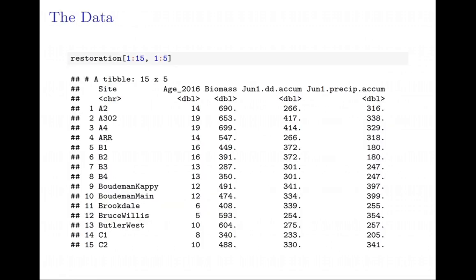So the data. Here's just a subset of the data. Each row is a restoration site that they sampled, and you have the site's age since 2016, and then its biomass, and then a bunch of weather variables in the year that the site was planted.